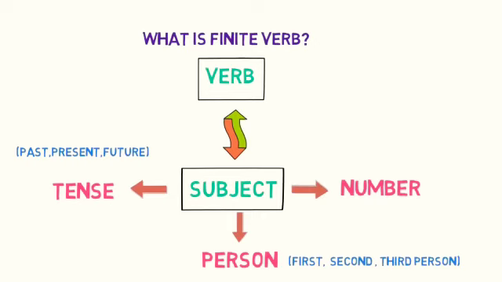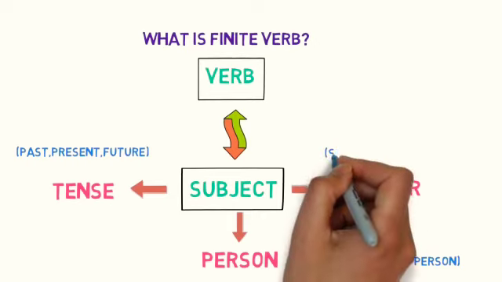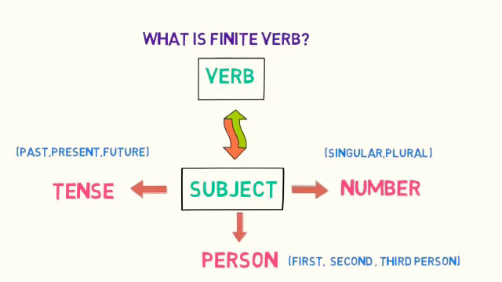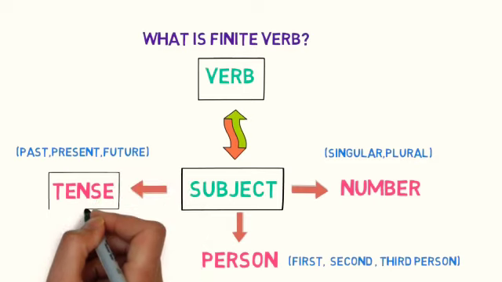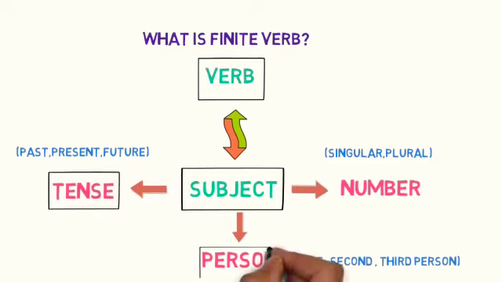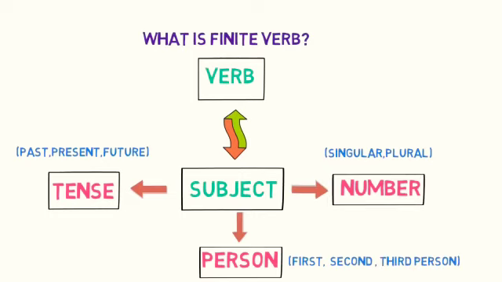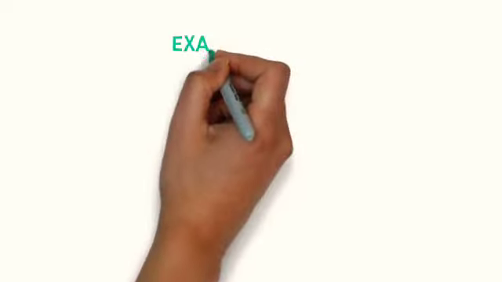And the third one is the number, that is, the subject is in singular form or plural form. So, a finite verb will change as per the tense of the sentence, as per the person and as per the number of the subject. Let's understand each of these parameters with the help of examples.